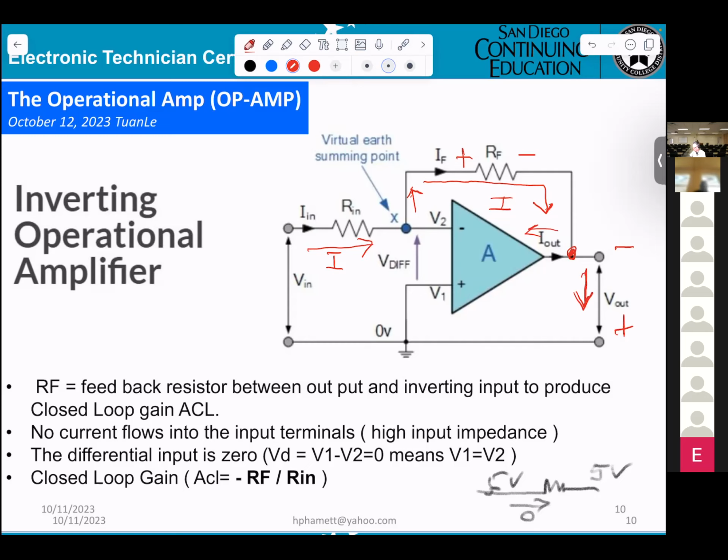No. There's no way for it to go that way, because you have zero ground. But the thing is, current must flow from positive to negative, not negative to positive.